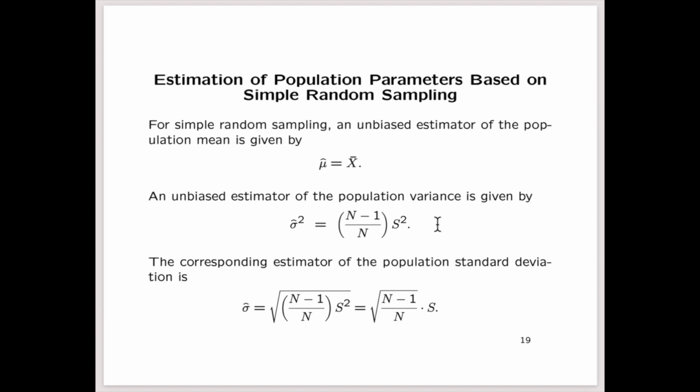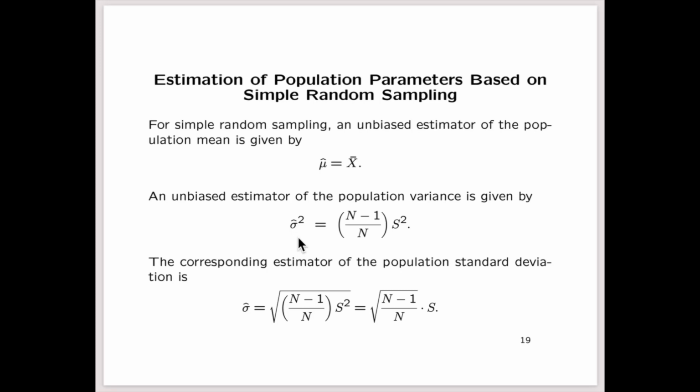When we do this, we end up with an estimator that is unbiased for sigma squared. We will denote this unbiased estimator of sigma squared by sigma hat squared. Then, to come up with the corresponding estimator of the population standard deviation, we just take the square root of our estimator of the population variance.